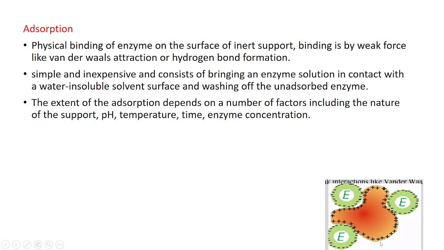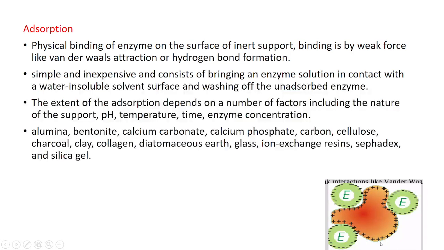All this determines how well the adsorption is done. So what are the different supports you can use? You can use alumina, bentonite, calcium carbonate, calcium phosphate, cellulose, charcoal, clay, resins, Sephadex, silica gel. All these can be used to adsorb the enzymes.